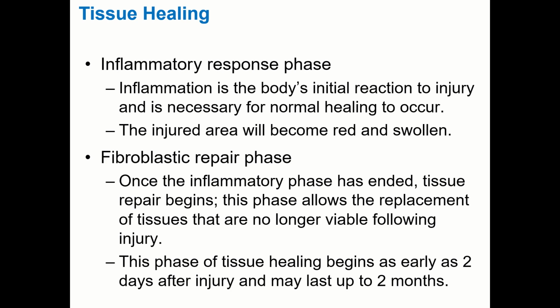Then we move into the fibroblastic repair phase. Once the initial inflammation has subsided, and the macrophages have moved into the area and cleaned up the damaged tissue, our fibroblasts, our immature connective tissue cells, migrate to the area and start laying down collagen everywhere. That's good, because that initial collagen scaffolding provides a framework we can build on for the rest of our tissue repair.